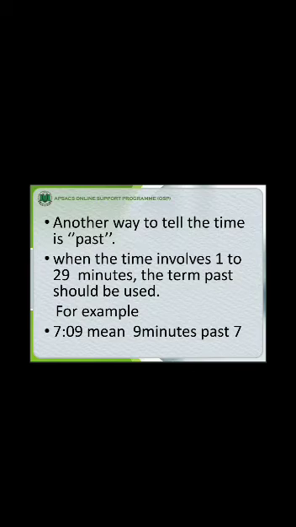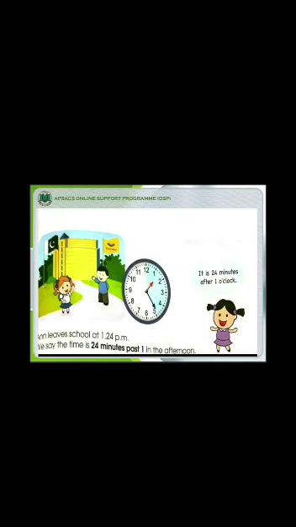For example, 7:09 means 9 minutes past 7, and leave school at 1:24 p.m. We say the time is 24 minutes past 1 in the afternoon.